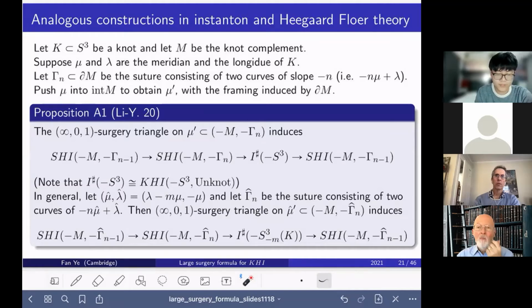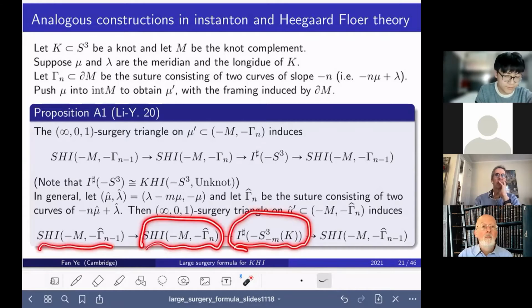Then we can still consider the surgery exact triangle on the mu hat prime. The first two are similar, and the third thing is I-sharp, but the 3-manifold becomes the m-surgery on the knot K. And this is how we understand the I-sharp of the large surgery by these two SHIs.